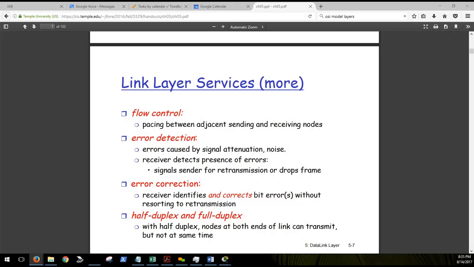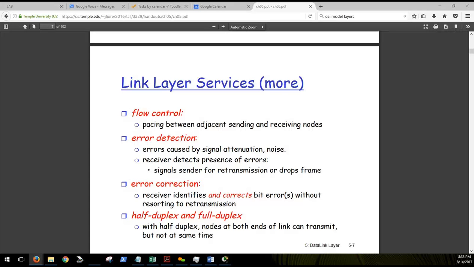It collides, which means that on a hub, they have to take a turn. They can't both talk at the same time, right? Well, that's half duplex. But on a switch, are two devices allowed to transmit at the same time? Yes. So switches are full duplex.